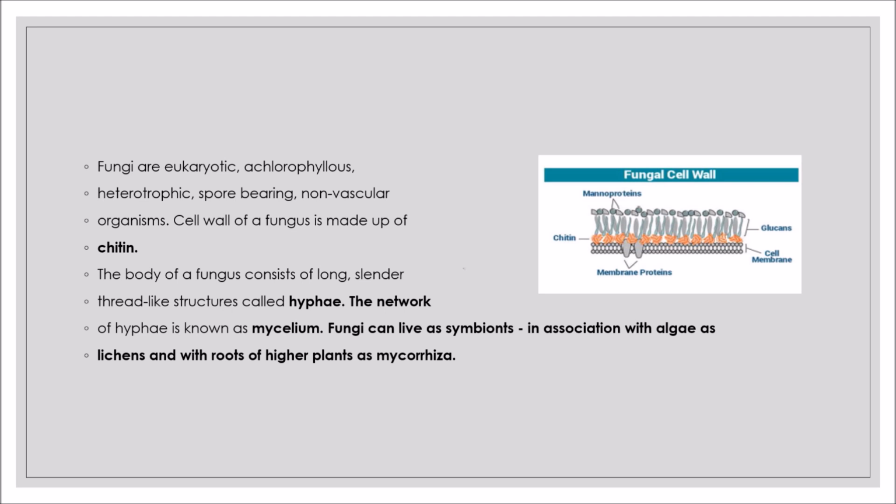What it does is it gets attached to the host, and it helps the host to get nutrition, and it also gets nutrition. So a mutual relationship. So symbionts means an association with algae called lichens, and with roots of higher plants called mycorrhiza.